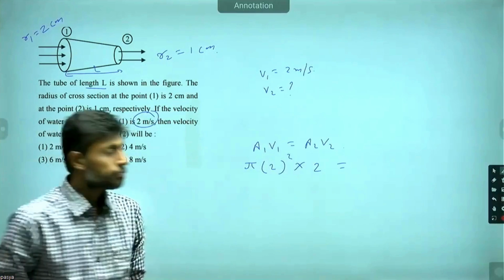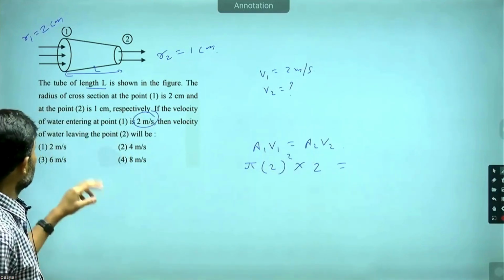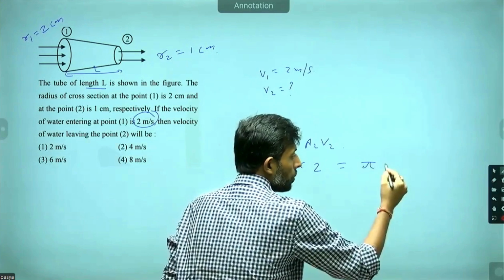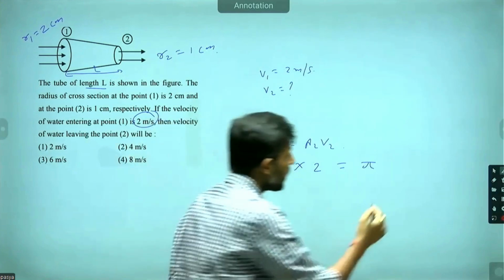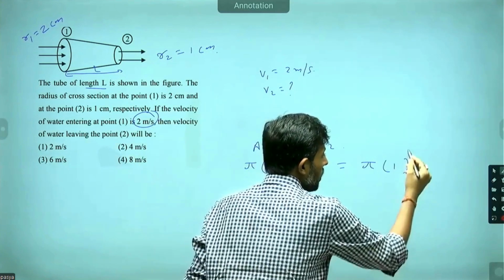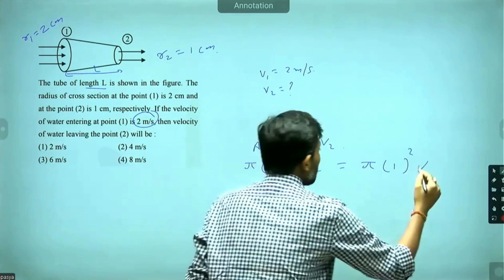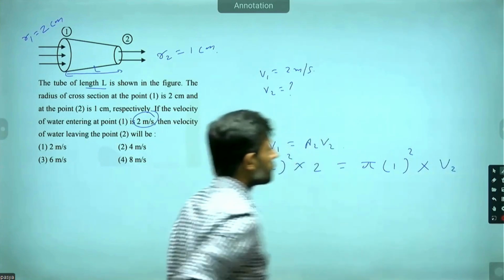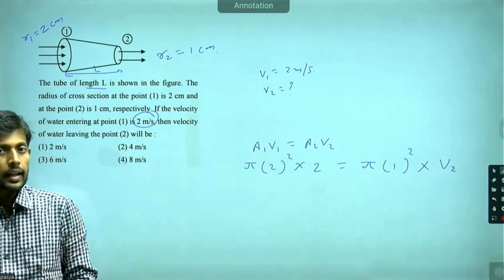Now, A2. What is the value of A2 here? The radius is 1 centimeter. So area would be pi 1 centimeter whole square multiplied by velocity. This is what we have to find out. You solve this, you'll get the answer.